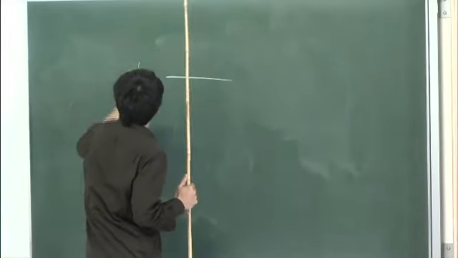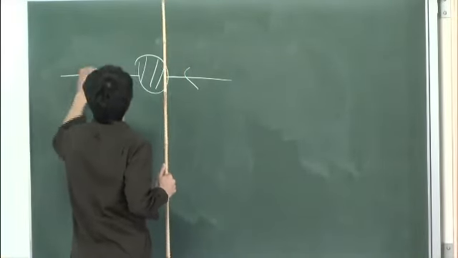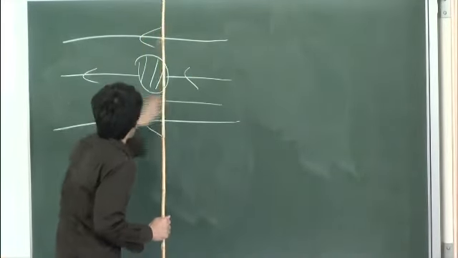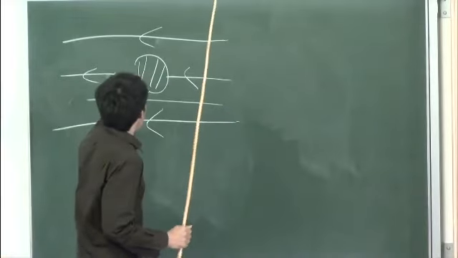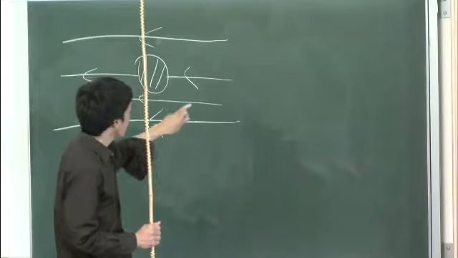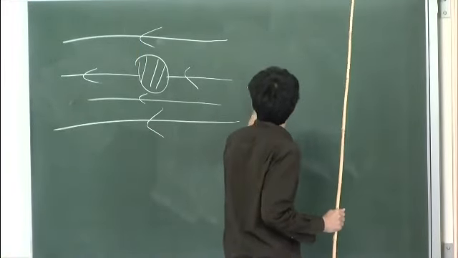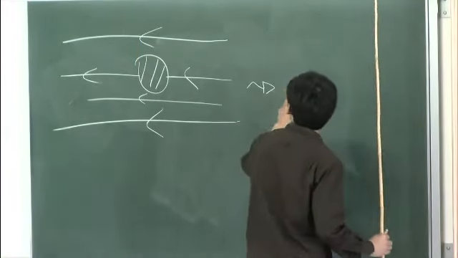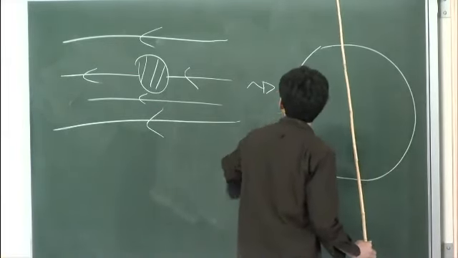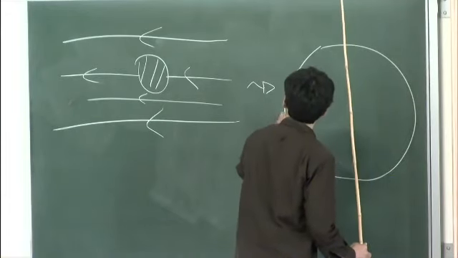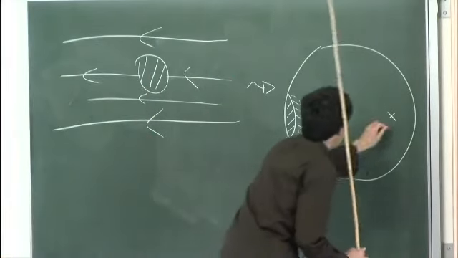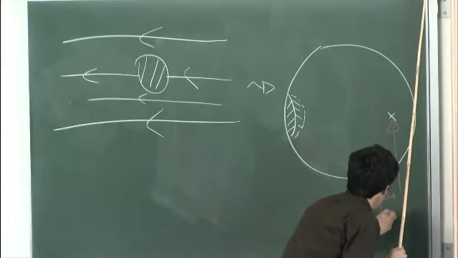If we consider a flow like this and add the point at infinity, so it's a one-point compactification, we can get this point, which is the point at infinity.